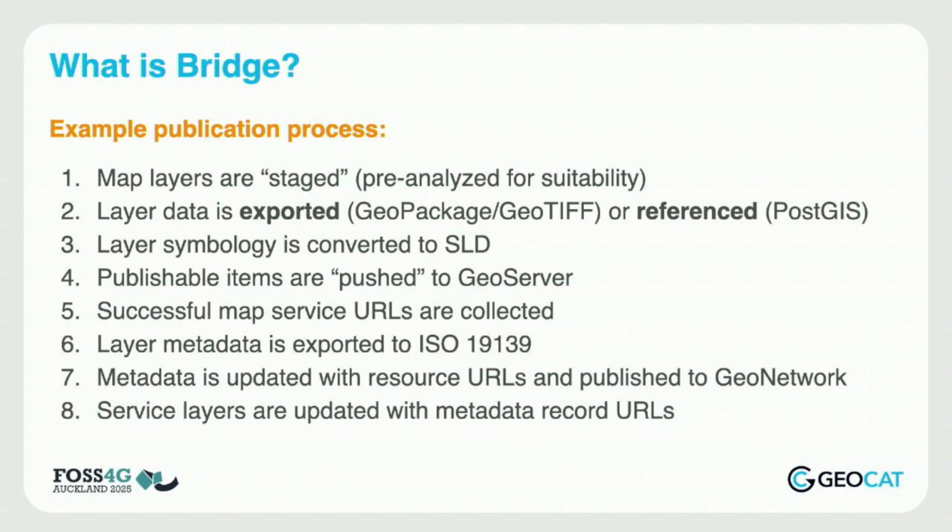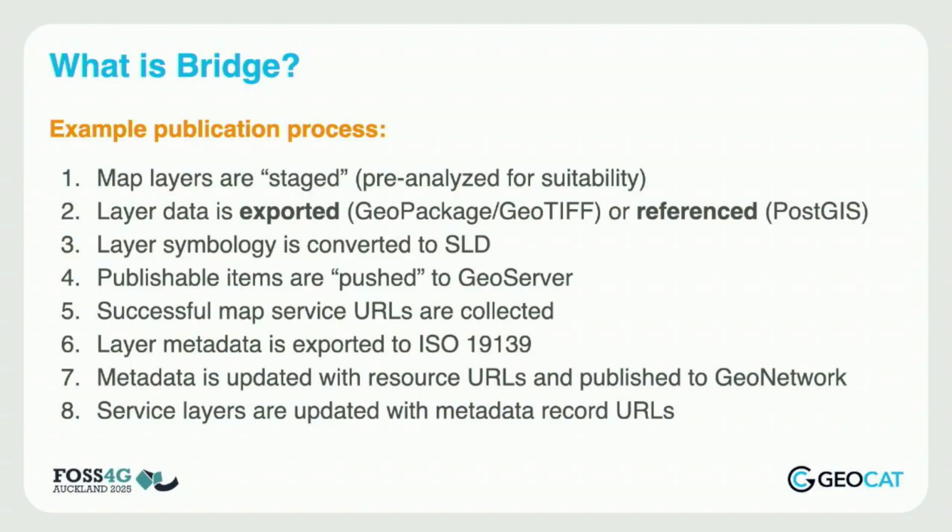It will configure the map service, and then the service URLs will be collected from GeoServer, and they will be embedded in the metadata record that is created, or the metadata that you're already maintaining in your QGIS or ArcGIS metadata editors. Then the metadata is updated with those URLs, and they are pushed to the catalog.